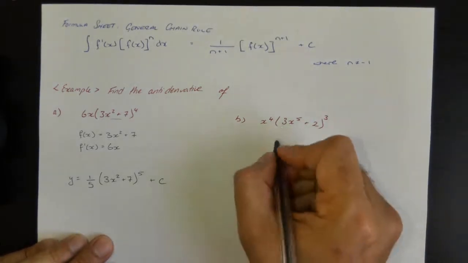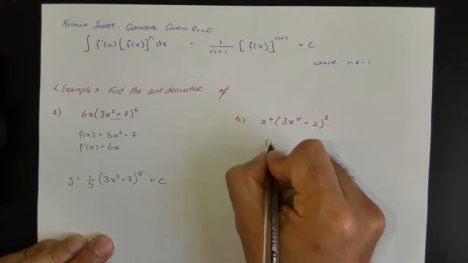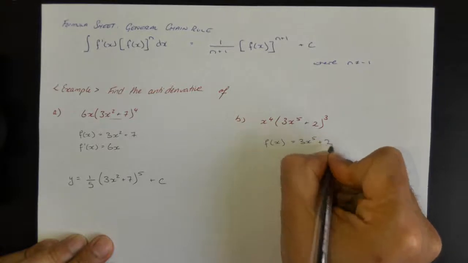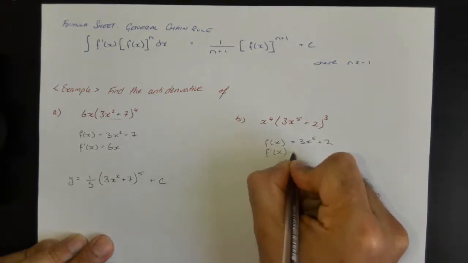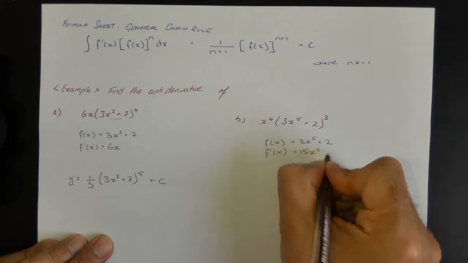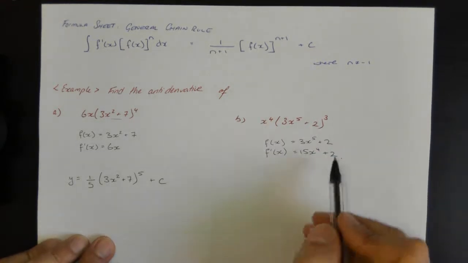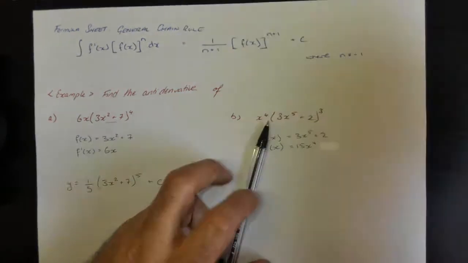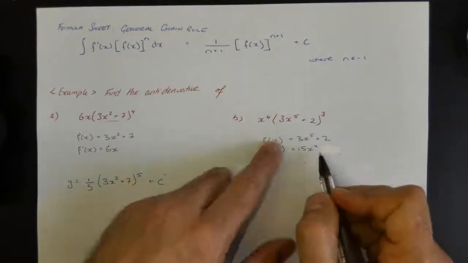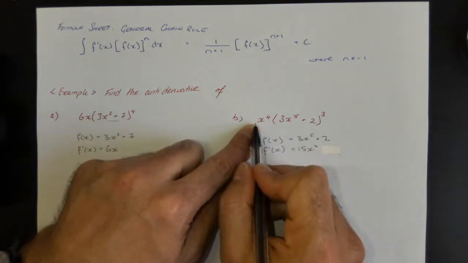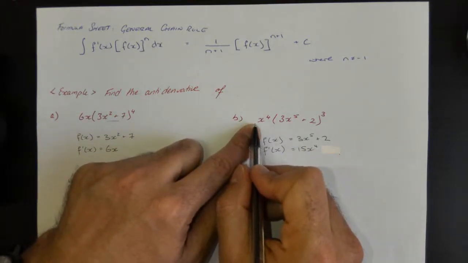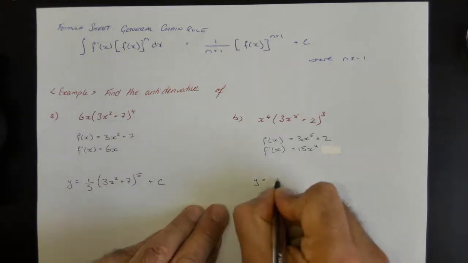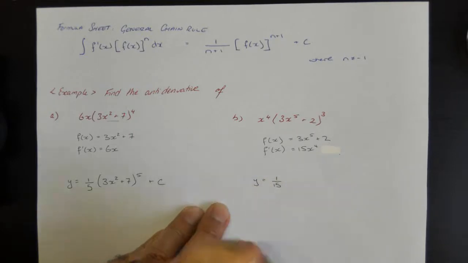Okay. Let's try this one. So I'm going to let the inside be f of x. That is 3x to the power of 5 plus 2. The derivative of that is 15x to the power of 4, which is very similar to this, right? So we're just missing a factor of 15. We can accommodate that by taking out 1/15.